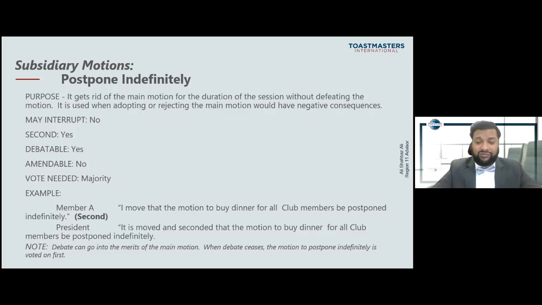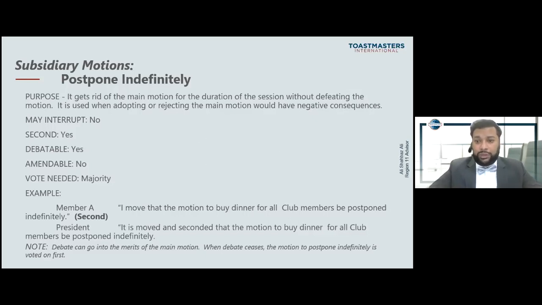If the latter motion, the new motion, is adopted, the main motion will be defeated. But if the postpone indefinitely is defeated, we still need to come back to the main motion.